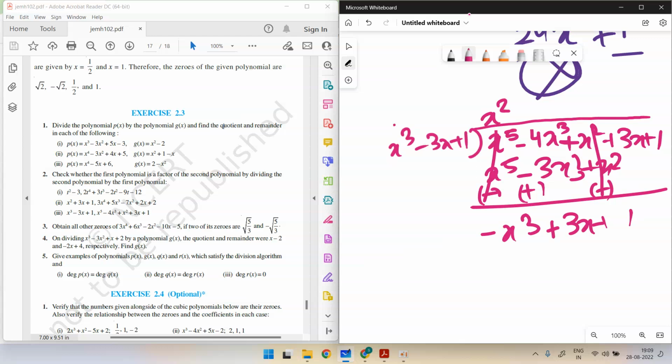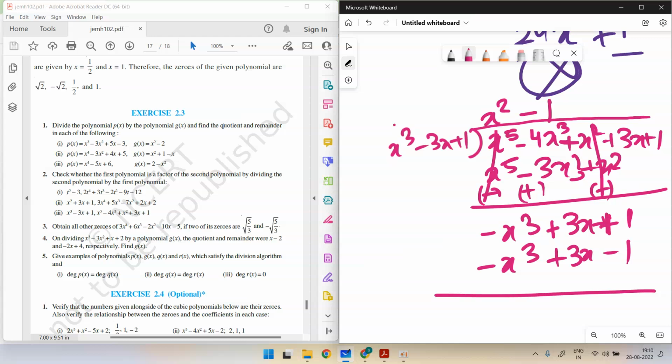So for minus x cube, we want to multiply by minus 1. Minus x cube plus 3x, this is plus 1.